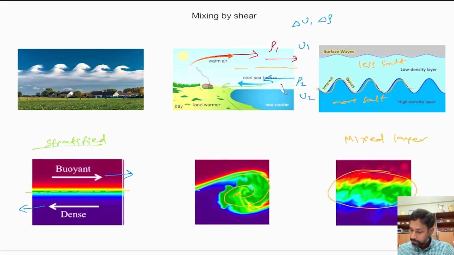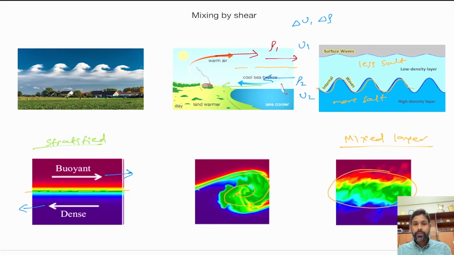right? So what's happening is, in the case of a stratified layer, where there are two distinct layers of densities, there is a lot of velocity in the fluid, which might be coming from some other source. So it has higher kinetic energy.